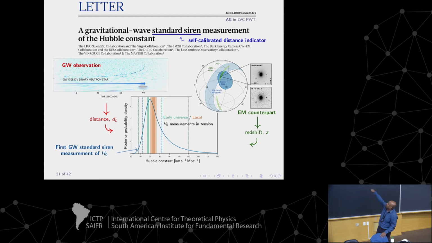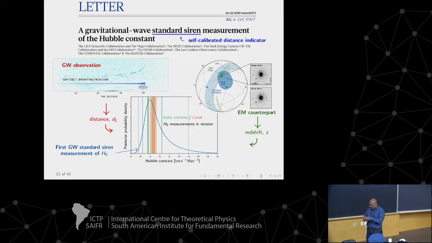Of course, our errors are much, much wider than any precision cosmology measurement. It's about a 14% error. But the idea is that if one has multiple similar observations, then one can use combined information from many of these and get more and more precise measurements. Typically, measurement precision would scale as 1 over the square root of the number of detections.